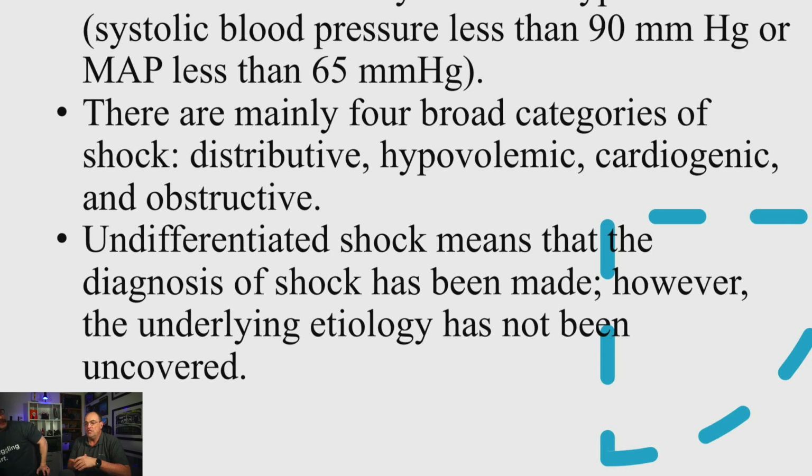So even as a beginner level, like EMR level, emergency medical responder, even if you just understand that your patient is in shock, you may not have nailed it down whether it's cardiogenic or hypovolemic, but you understand that there's something going on and you need to intervene. Exactly. So like I said, today we're going to be focusing on distributive. Let's jump on in.